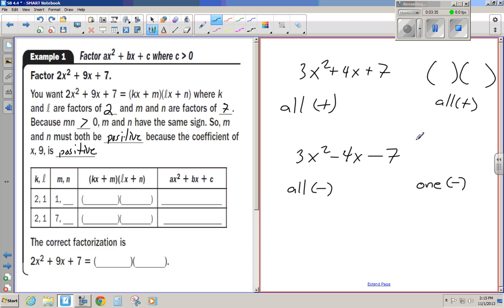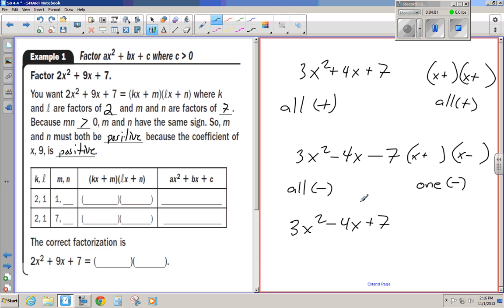Only one thing here will be negative. So like this would be x plus something, this would be x plus something. Here you'd have x plus something, but then you would need x minus something. So it's a way to know if your answer makes sense, or maybe even to help you out a little bit. The other possibility here would be 3x squared minus 4x plus 7.